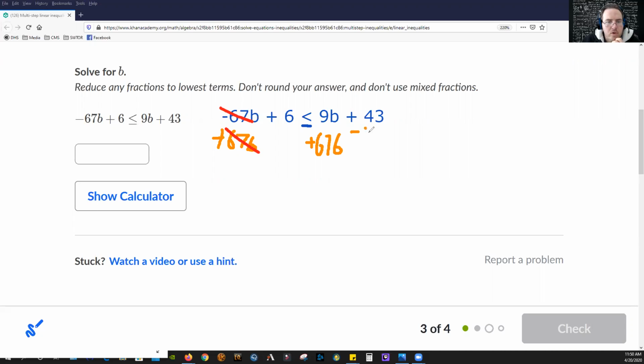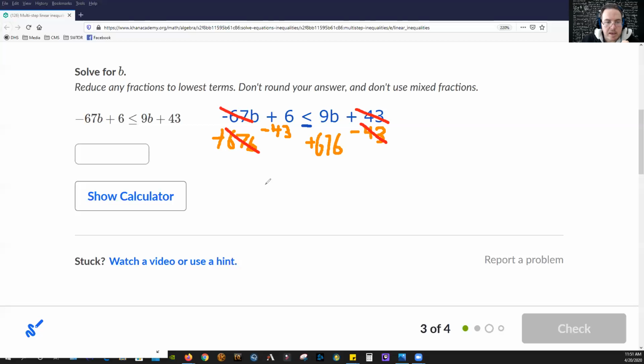So I can take away 43 from this side, so I get all the constants, those are numbers with no variables, on the other side. So it's going to be kind of ugly, but it's all right. So these cancel out and make it 0. So what are we left with? We are left with 6 plus a negative 43.